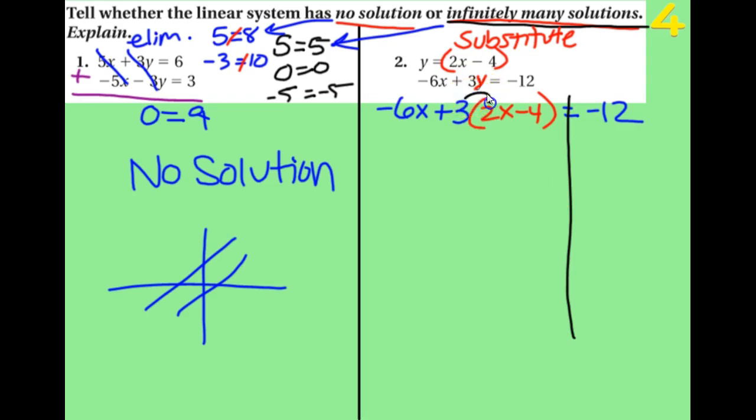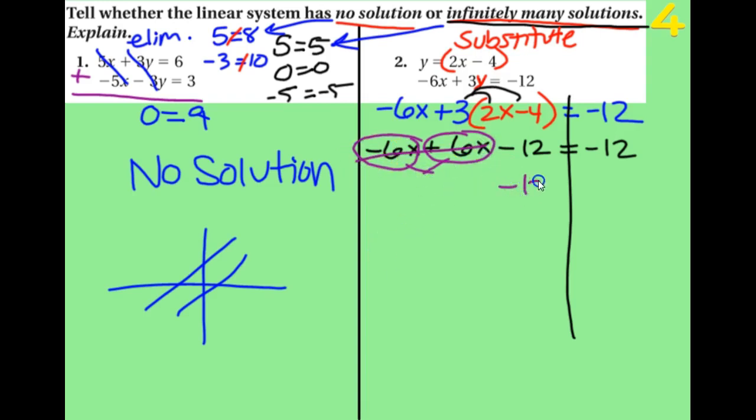So let's do a little distributing first. 3 times 2x is 6x. 3 times negative 4 is negative 12. And we have this negative 6x over here as well. So if we simplify, we can combine some like terms. Negative 6 and a positive 6 make 0, so those eliminate. So we have negative 12 equal to negative 12.